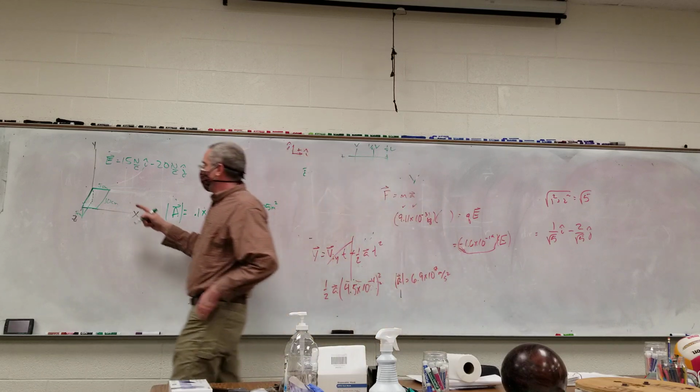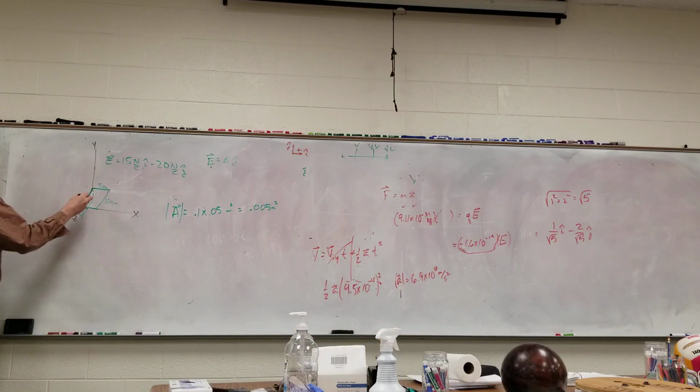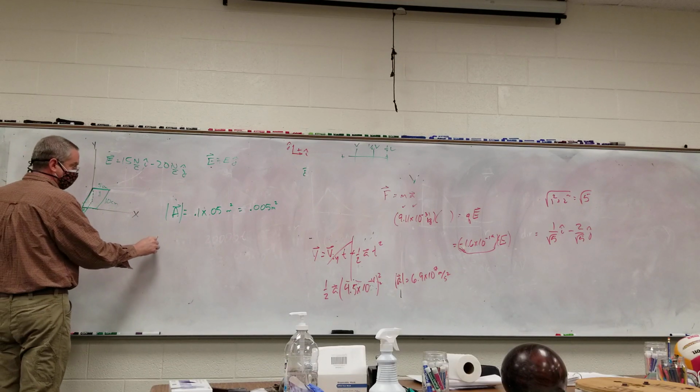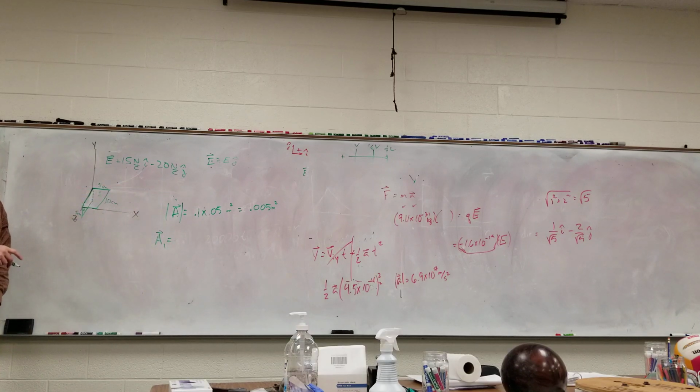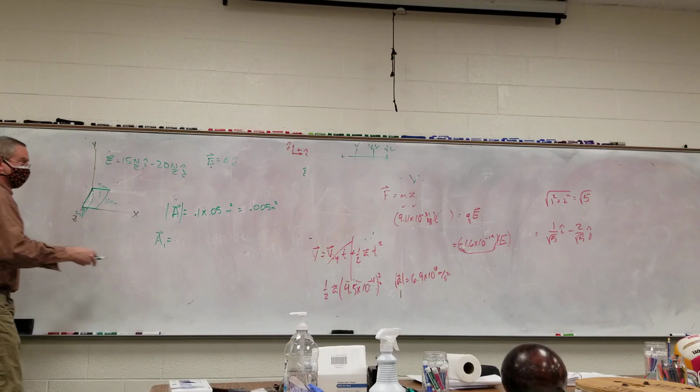I'm going to call this surface right here in the XZ plane as surface 1, and the other one is surface 2. So my area vector 1 is that magnitude, which is just straight up the area of it.